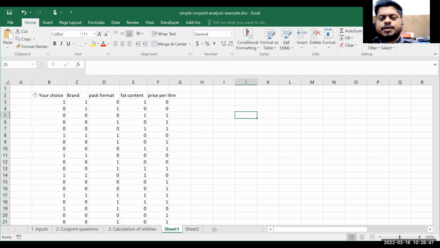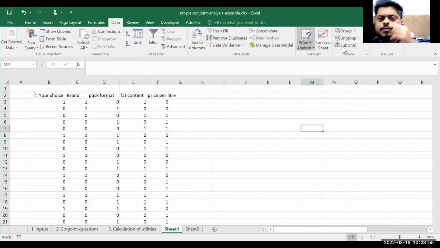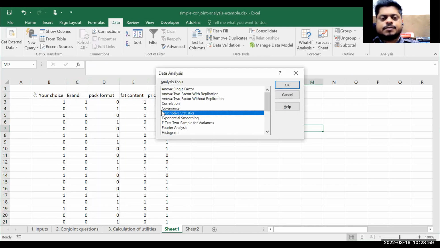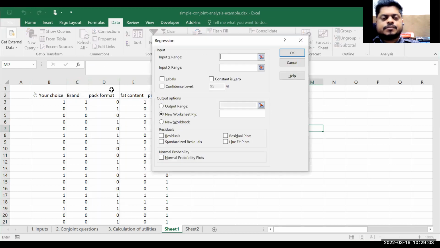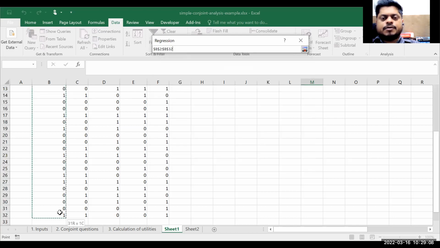Now I can go ahead and put in this data. Data analysis, I'll go to regression. Input y range is my dependent variable.